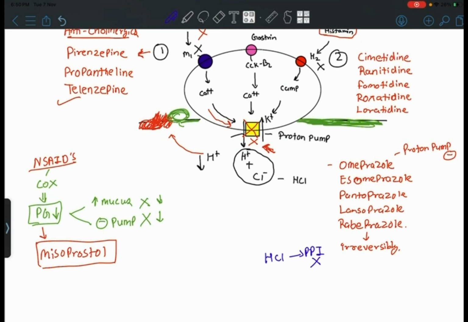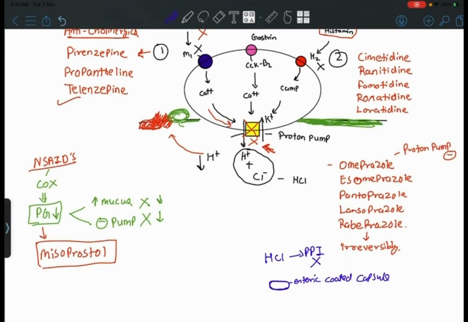So that's why we give a proton pump inhibitor in a capsule form, which is an enteric coated capsule, which protects the molecules of the proton pump inhibitor from the acid. After going into the intestine, in the alkaline medium, this enteric coat gets dissolved and the medicine comes into contact with the lumen and gets absorbed.